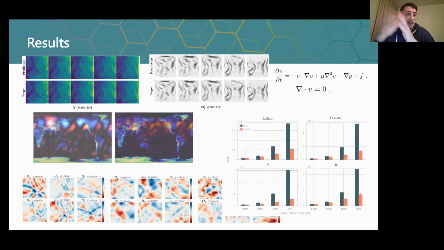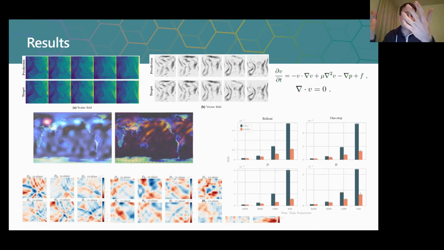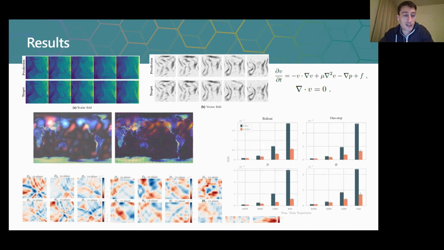And how much you predict in the future depends on how difficult you want to have the task. If you predict farther in the future, it gets more difficult. And how these data sets are designed is they should have a scalar part and they should have a vector part, and maybe even other fields, because this is exactly what we were trying to model.